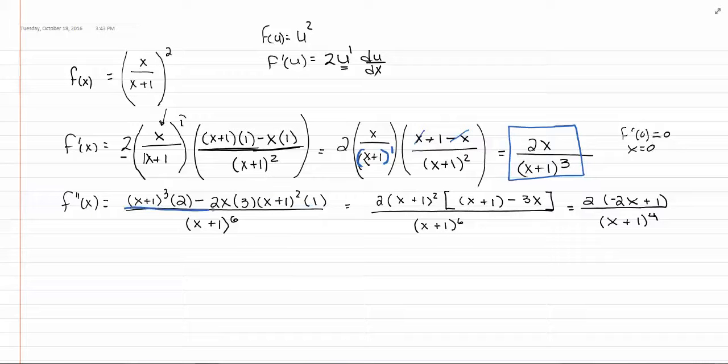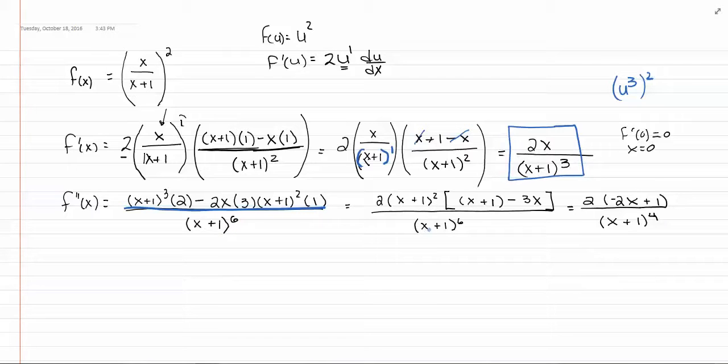All divided by the bottom squared. Well, the bottom was to the third power, so when you square it, anytime you take something and then square it, you multiply the powers together. So it's going to be (x plus 1) to the 6th power. When you raise a power to a power, you multiply.